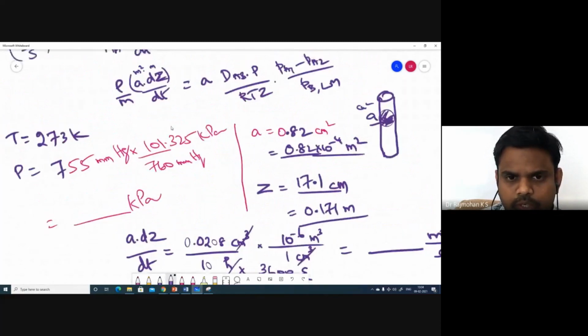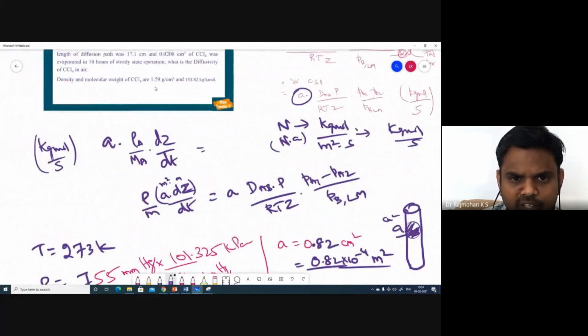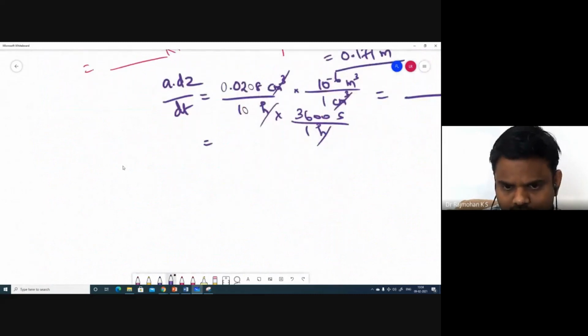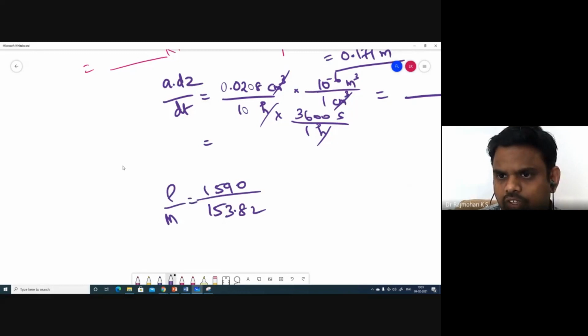Then we need this rho by m, right? For rho and m directly given: 1.59, 153.82. What is the value for this?